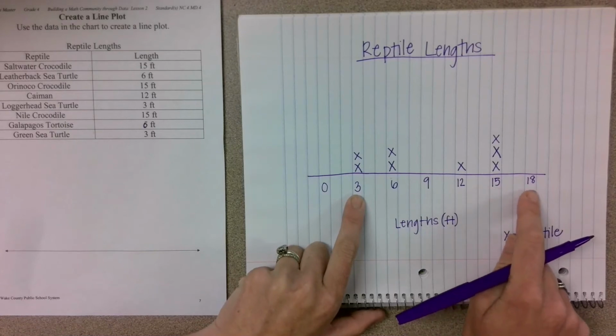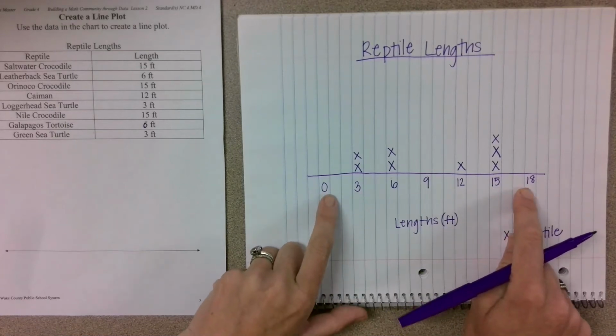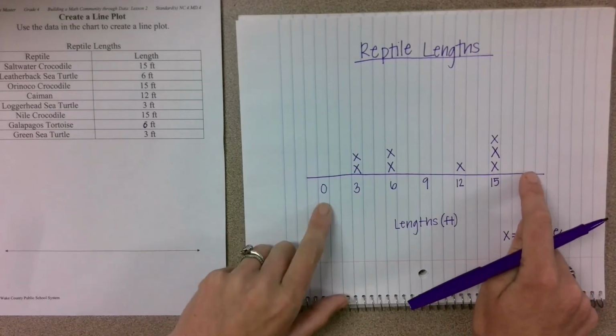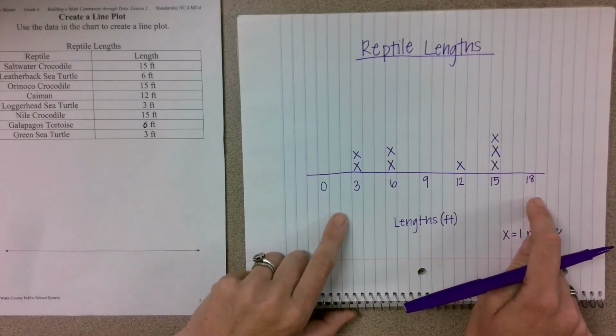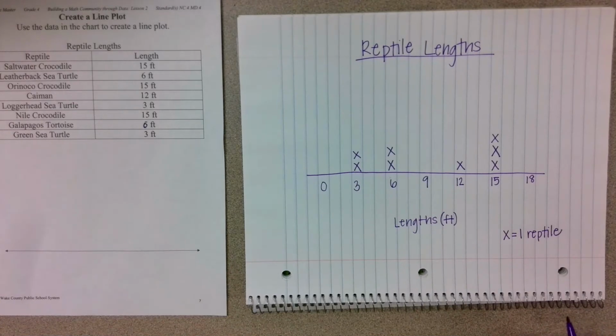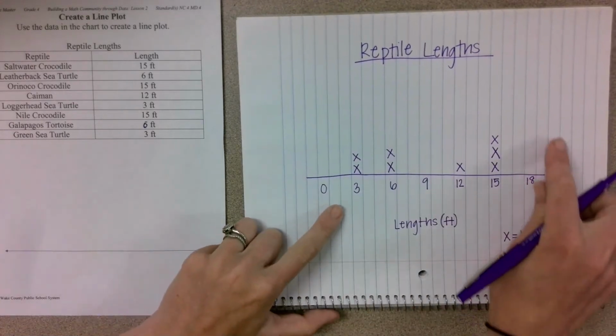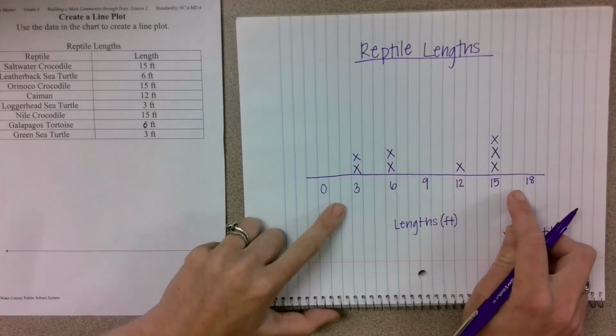I would not do 18 minus 0 because I don't have any animals that are representing 18 feet or 0 feet. Okay, so we have 8 animals or 8 reptiles on here.